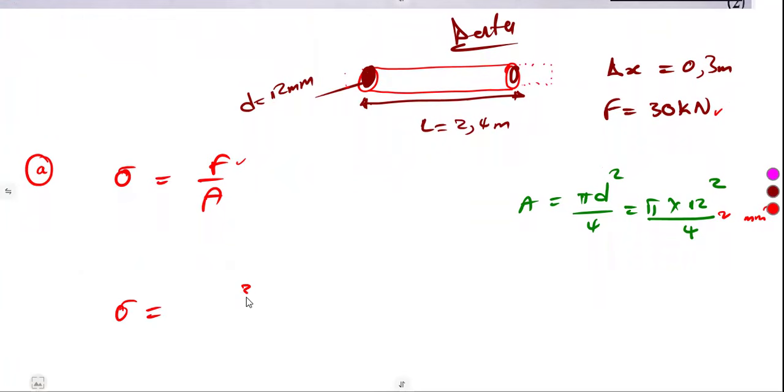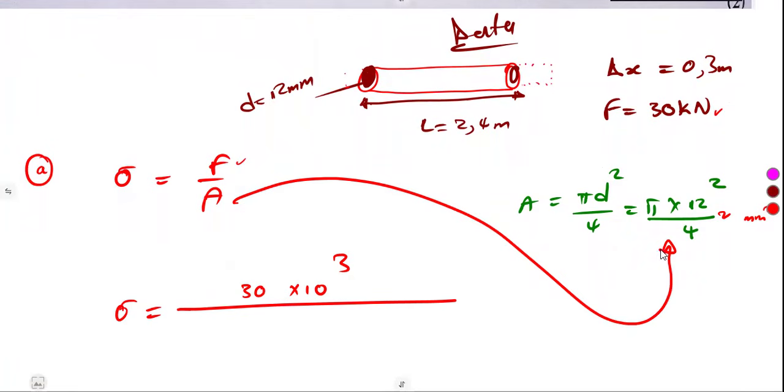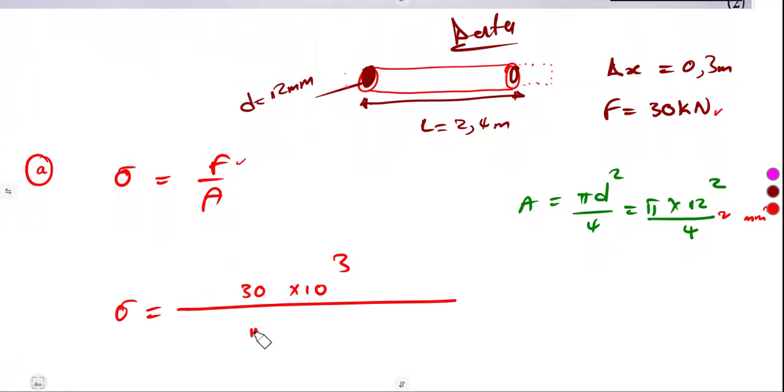The force is 30 kilonewton times 10 to the exponent of 3. The area is pi times 12 squared over 4, times, remember, this is square millimeters, but we need this area to be in square meters. So we must multiply by 10 to the exponent of -6.